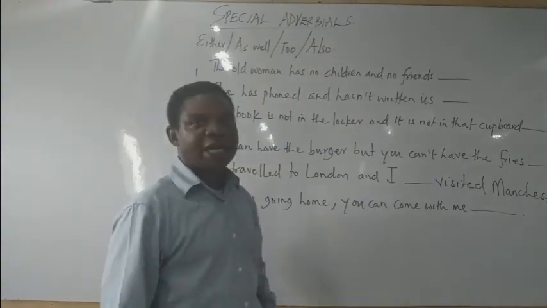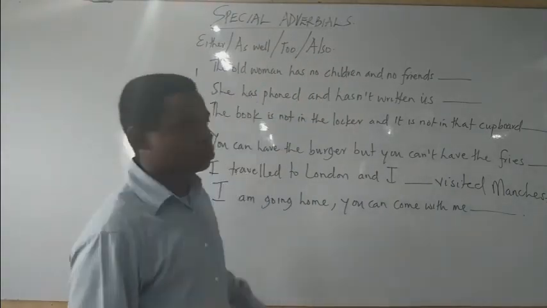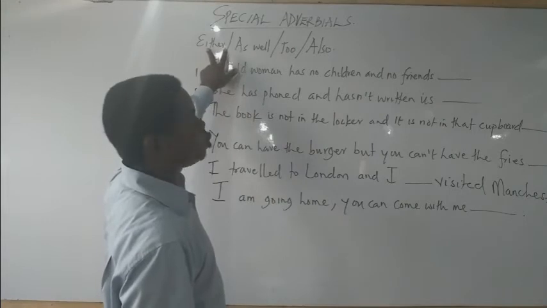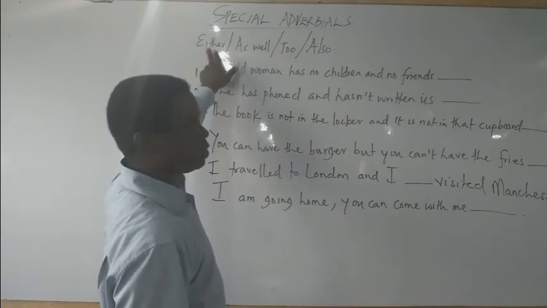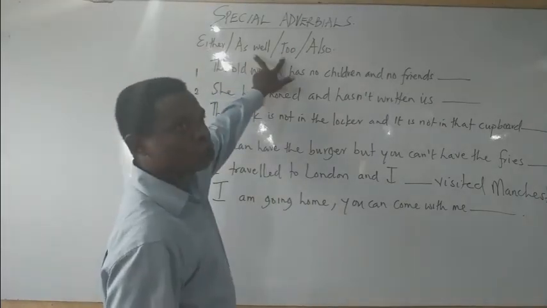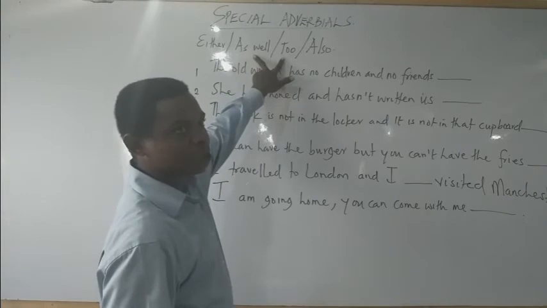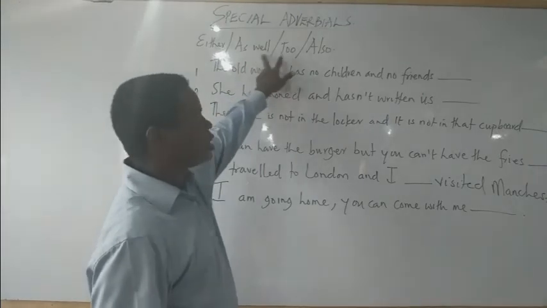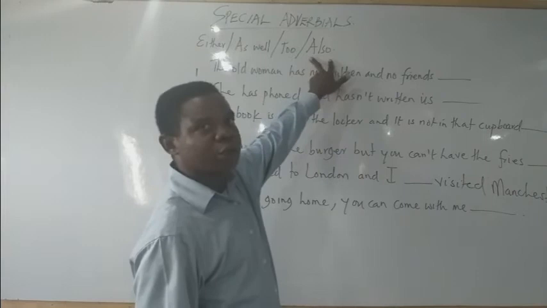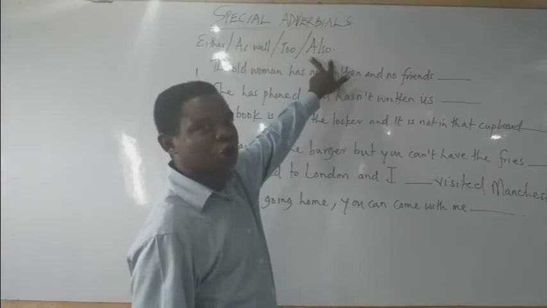On either, as well, too, and also. Either, two clauses which are both negative. As well and too, two clauses in which the first is positive while the second is what? Negative. Also can only be used at the medial position of a sentence, particularly before the main verb.